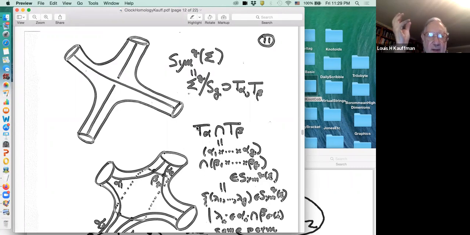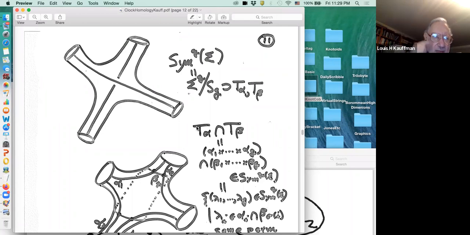They take that surface sigma, the Cartesian product of it with itself, g times, where g is the genus of the surface, and they divide out by the action of the symmetric group. So they take the symmetric g-fold product of the Heegaard surface with itself.